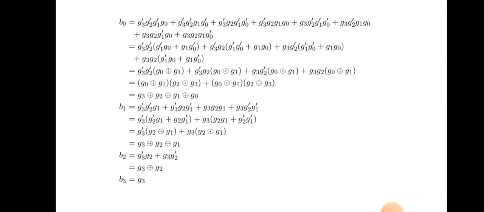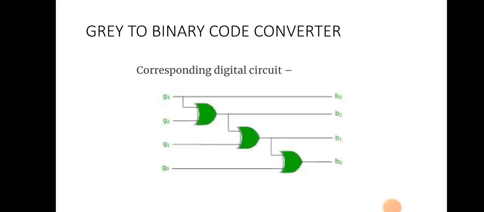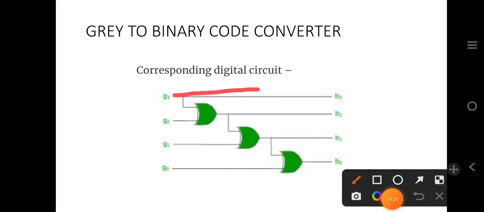Now we will see again the equation, like B3 is equal to G3. If you consider the last equation, B3 is equal to G3. So here you can see B3 is nothing but the G3. It is taken straight from the G3.